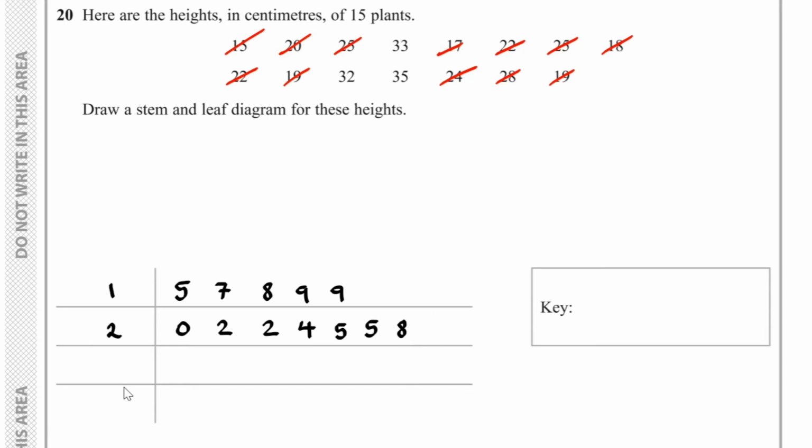And then we've got the 32. Then we've got 33. And then 35. So when we come to show our key, the 1 with the line and then the 5, that would represent 15 centimeters.